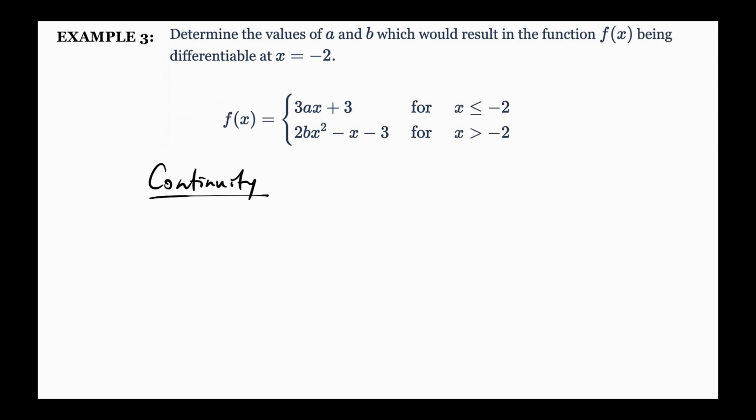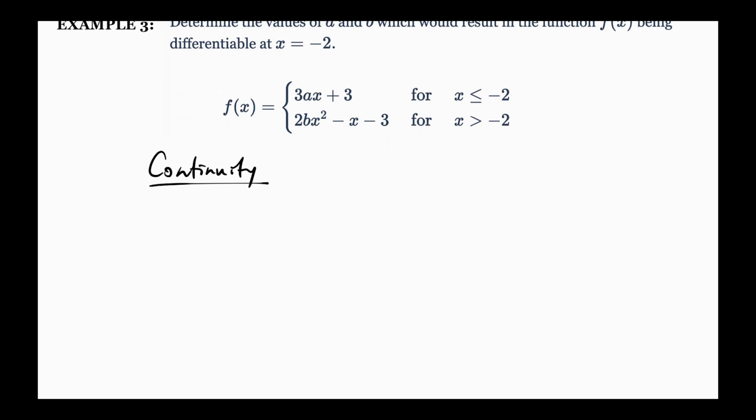So make it clear when you do it. The first thing you want to do is put the definition there. For this one, it's the limit as x approaches -2. We're going to start from the left side, the negative side, for f of x.